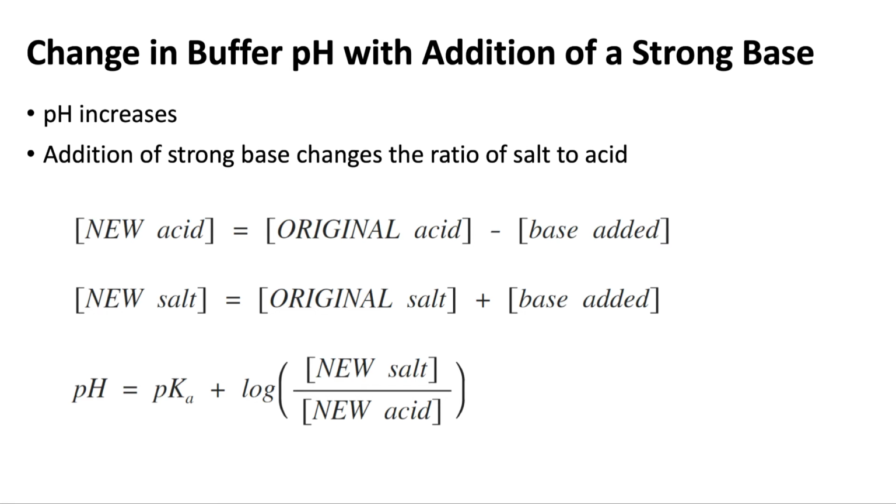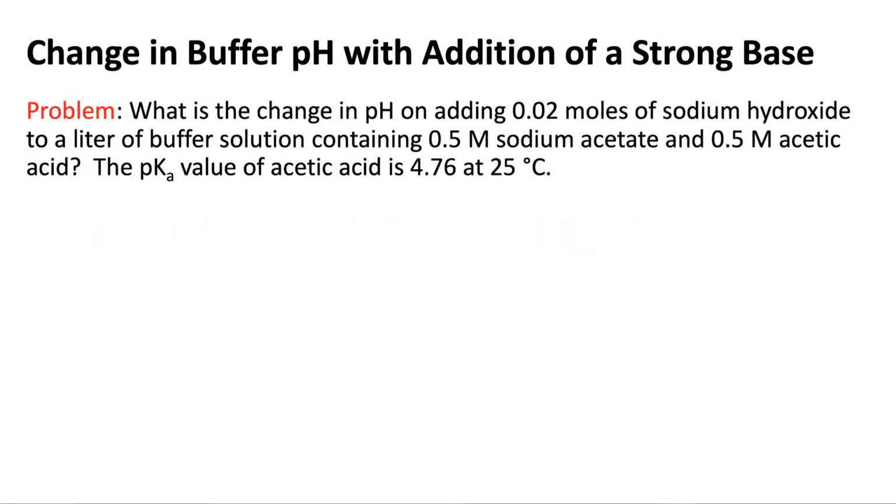Therefore, when all that's said and done, you still determine the resulting pH of that solution after the addition of the base by the same formula. In this case, the pH is equal to the pKa plus the log of, but keep in mind, now you would use the new salt concentration divided by the new acid concentration. So it's still salt over acid, but you would use the new concentrations that result after the addition of the base.